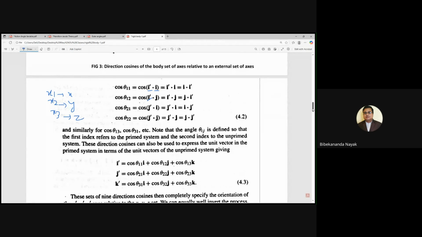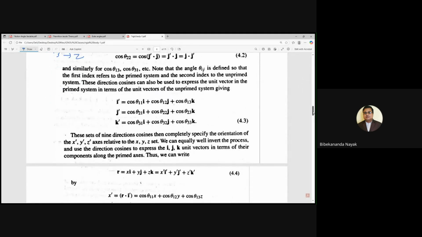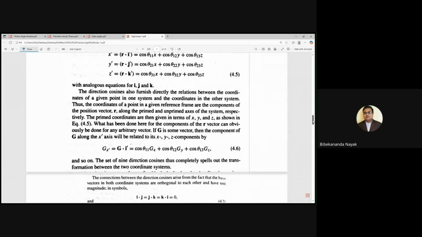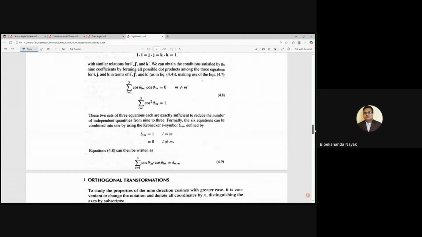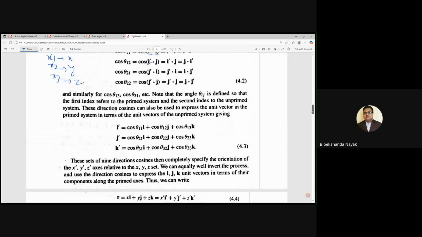From this we can see how the transformation occurs between two sets of axes, which is particularly given by Euler's angles. But one thing to remember here is that this transformation is an orthogonal transformation.